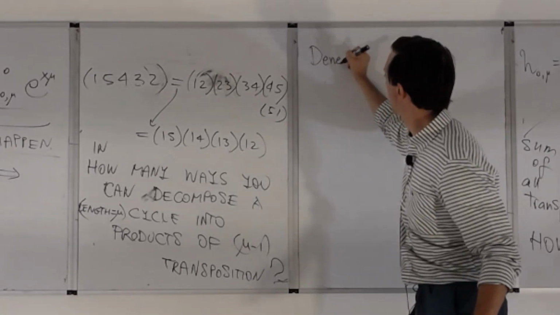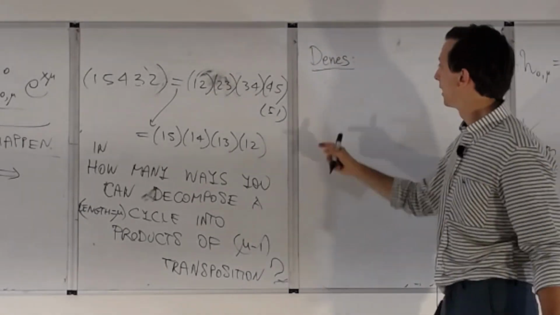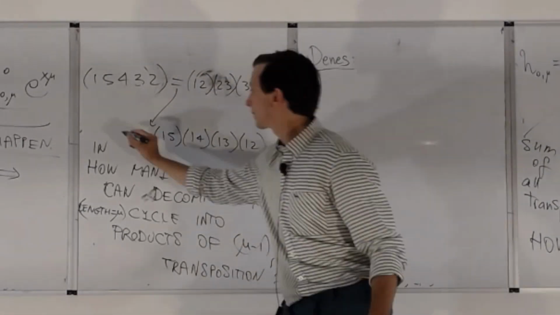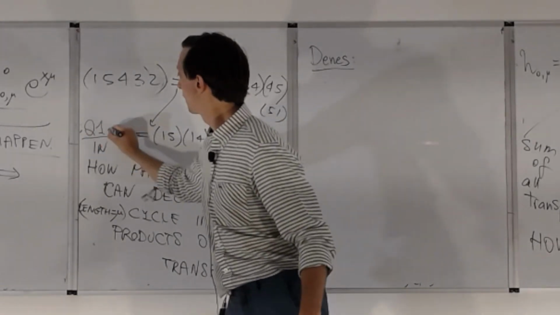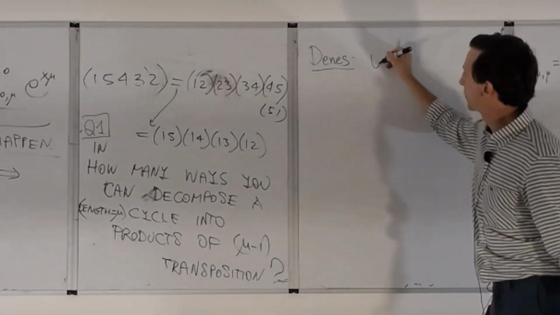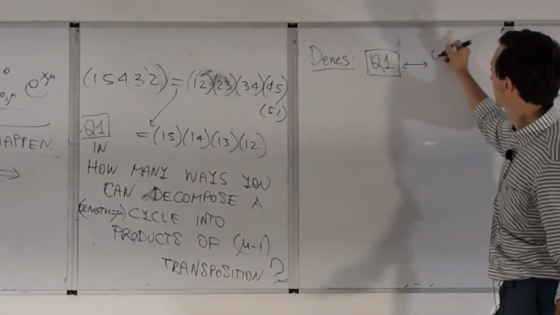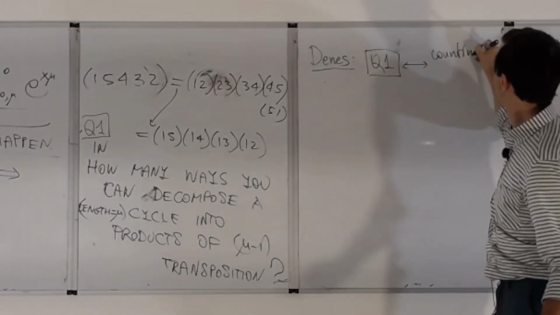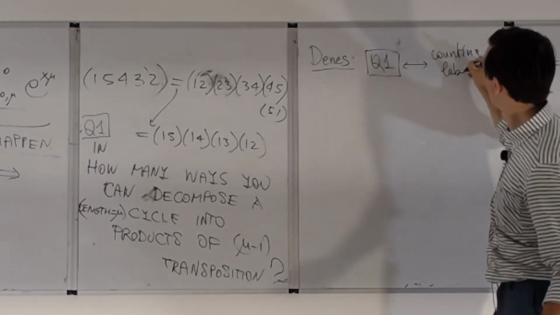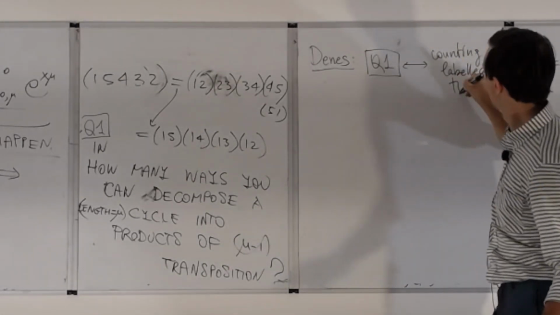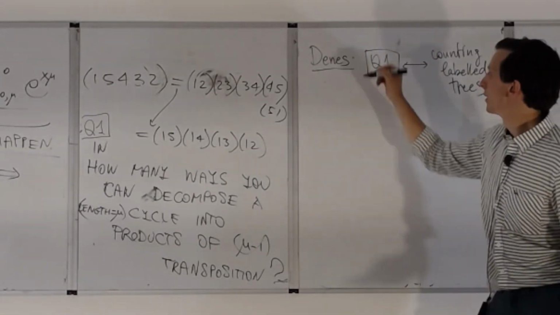there's a theorem by Danilo who said that this is question 1. So he proves that question 1 is the same thing as counting labeled trees. So this is the first theorem.